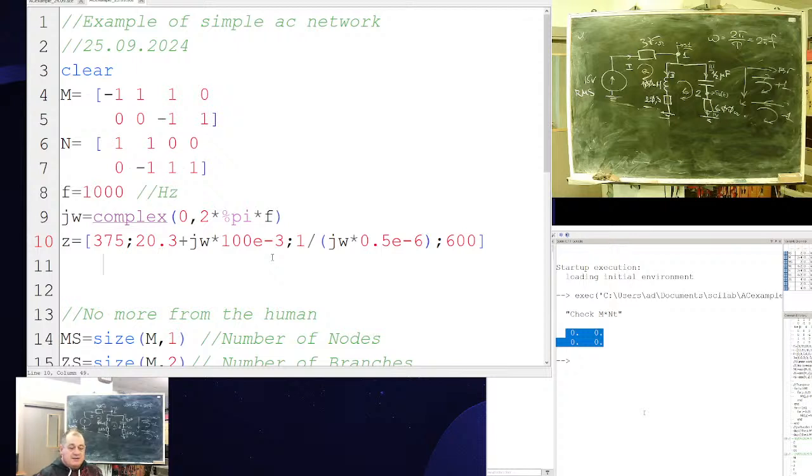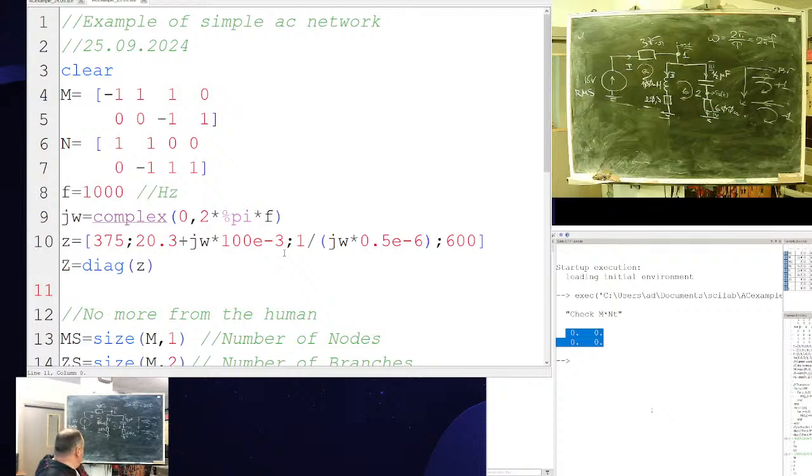Here is my small, nice resistance vector. Now I can do the full resistance matrix, which will be the diagonal of this small vector. Fine. What am I missing?